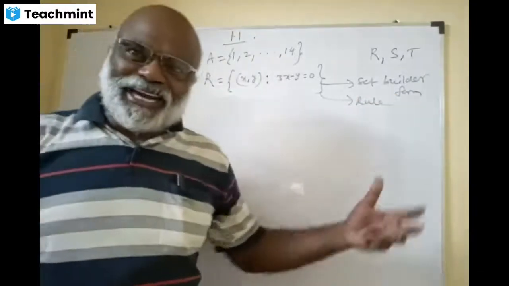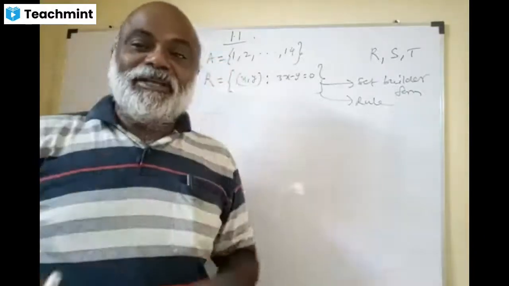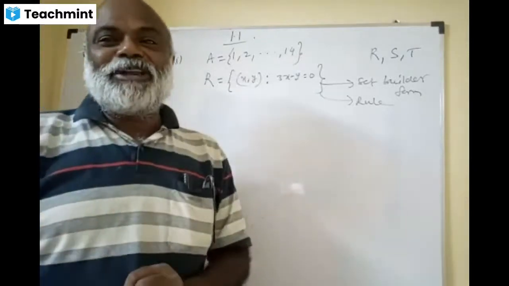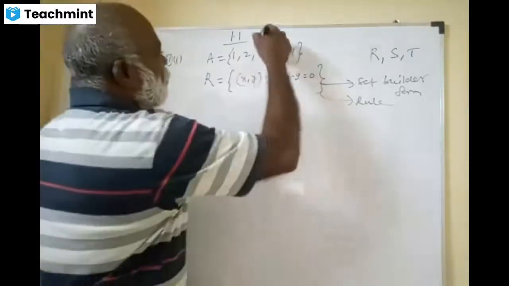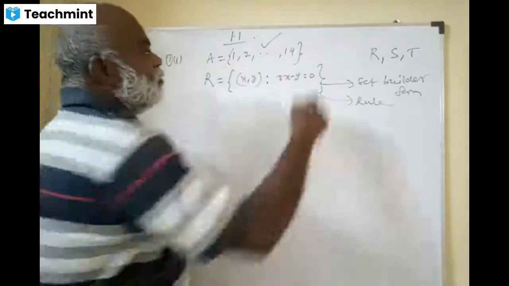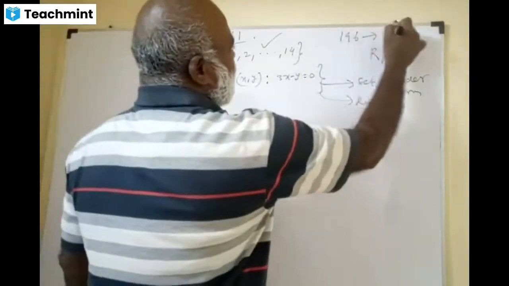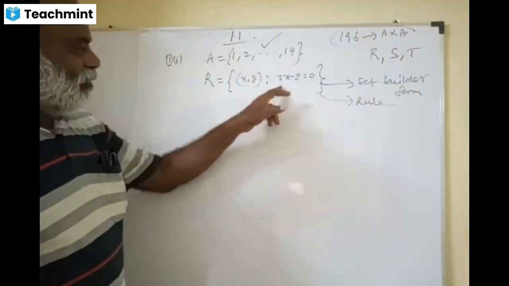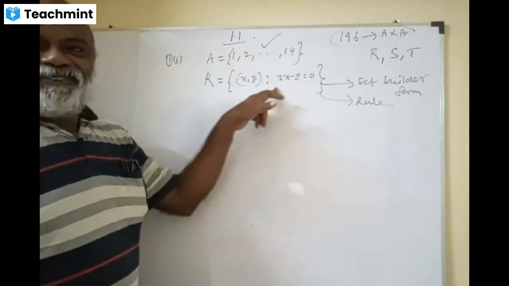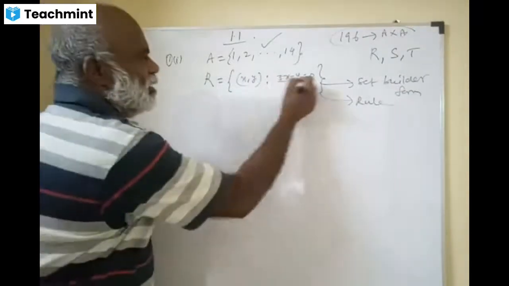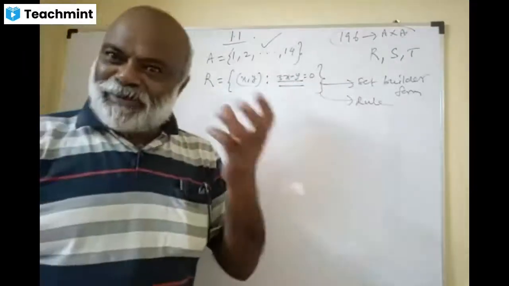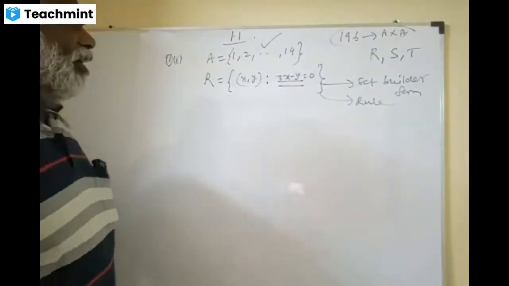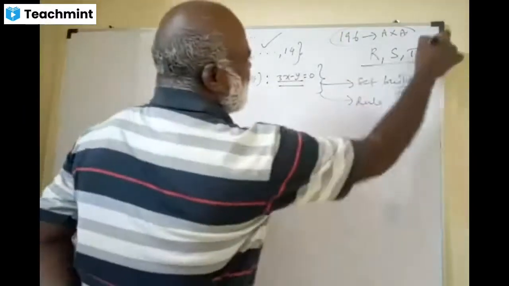Roster means you should write all the possibilities, and if you keep on writing them you will never end; it will take 1 day to complete the roster. Here there are 14 elements, so 14 into 14, 196 elements are there in A cross A. This is the actual relation between x and y, which makes R a relation. Friends, here, if you want to talk about the RST, right?